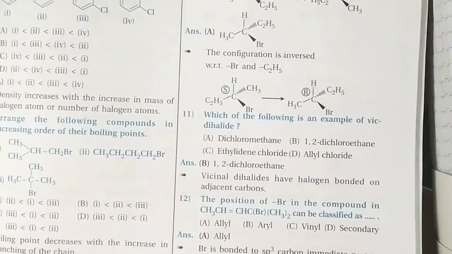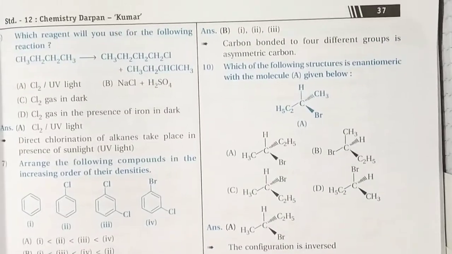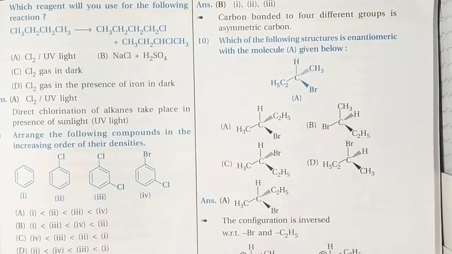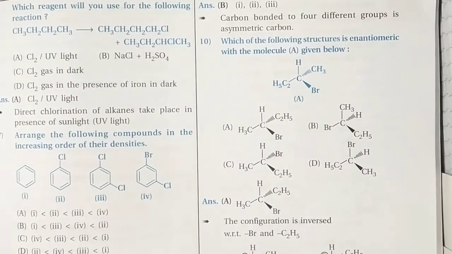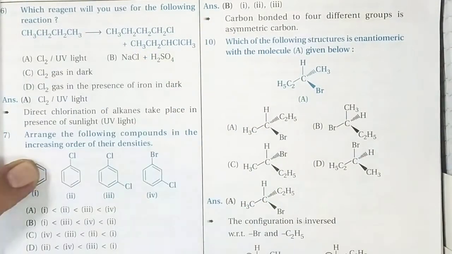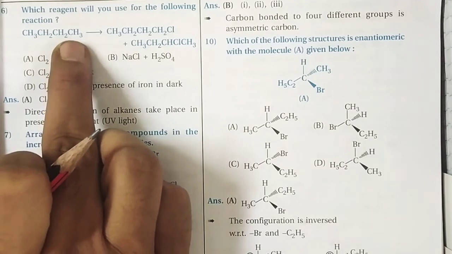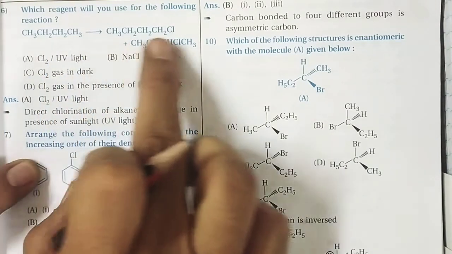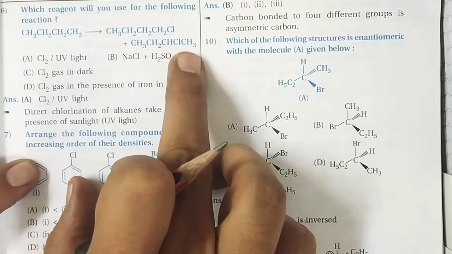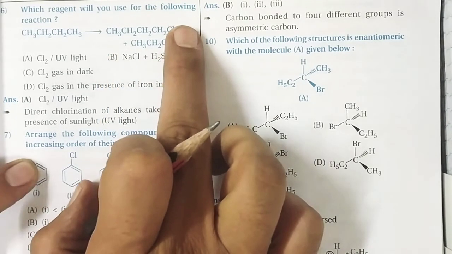Now the next question, number 6. Which reagent will you use for the following reaction? Here CH3CH2CH2CH3, butane, is converted into 1-chlorobutane and 2-chlorobutane. We know that 2-chlorobutane is major compared to 1-chlorobutane.